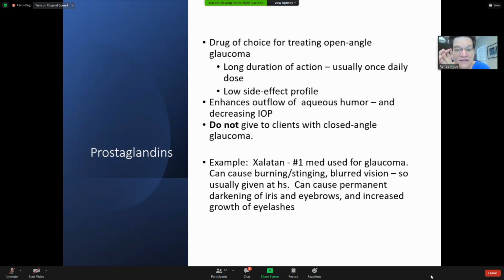Now, look at this next sentence. They can cause permanent darkening of the iris and eyebrows and increased growth of eyelashes. So it is not uncommon for someone with blue or green eyes to have their eyes turn brown or brownish when they're on this medication.